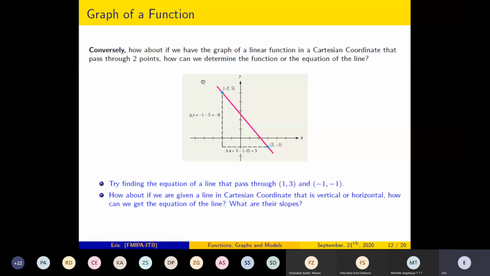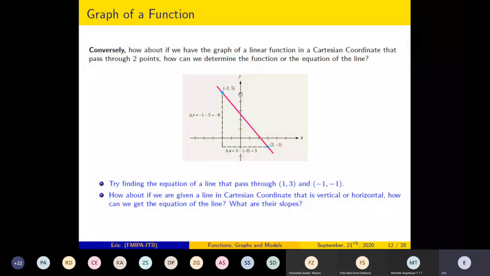What if I have this one? How do I get the equation of the line? First, I know that it passes through 2 points, that is (-2, 5) and (3, -1). So I can look at how y changes. It changes from 5 to -1.